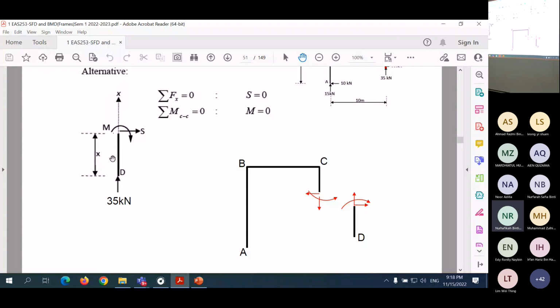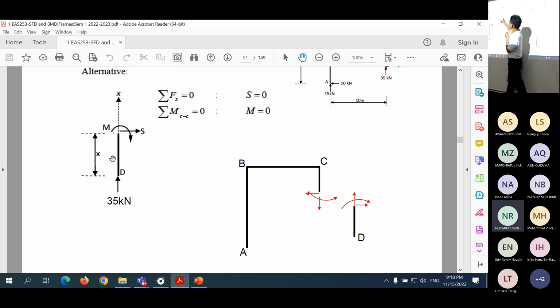That will be the free body diagram. And from there, you see S equals 0, M equals 0. So the calculation is simpler if you use this part, because if you use this part, you have to consider more loading here. But if you use this part, it is only this. So this only causes axial force. It doesn't cause shear. It doesn't cause bending moment.